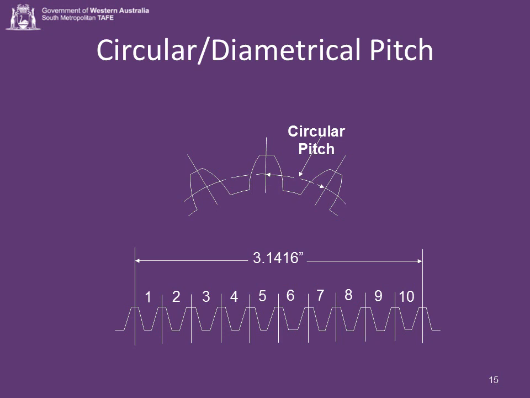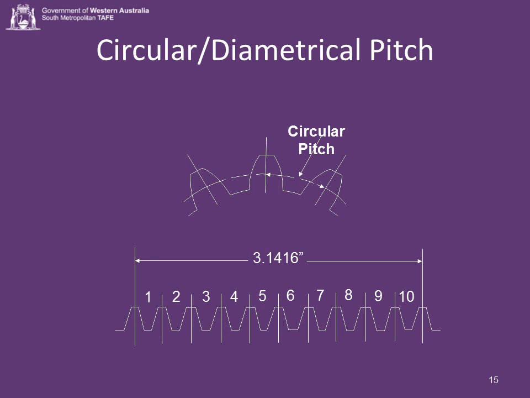For each inch of pitch diameter, there are pi inches, or 3.1416 inches, of pitch circle circumference. The diametrical pitch number also designates the number of teeth for each 3.1416 inches of pitch circle circumference. Stated in another way, the diametrical pitch number specifies the number of teeth in 3.1416 inches along the pitch line of a gear.